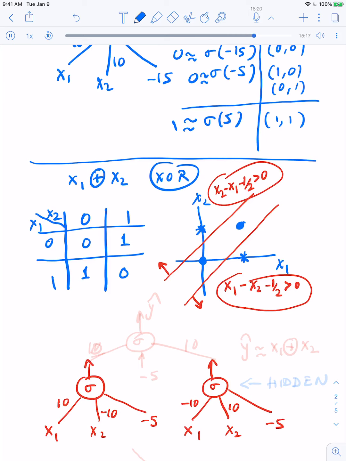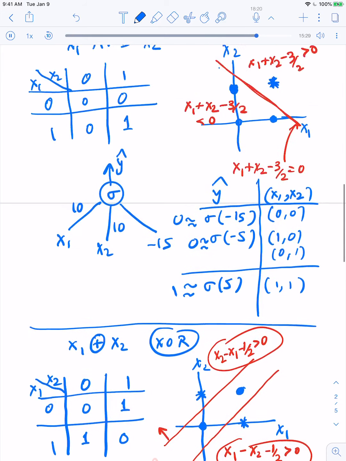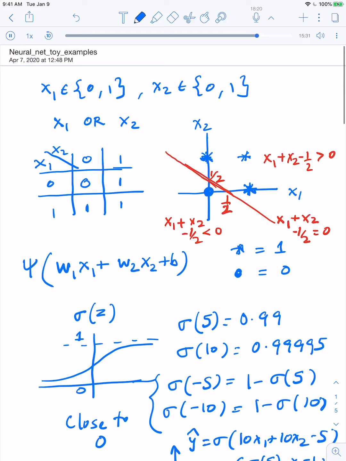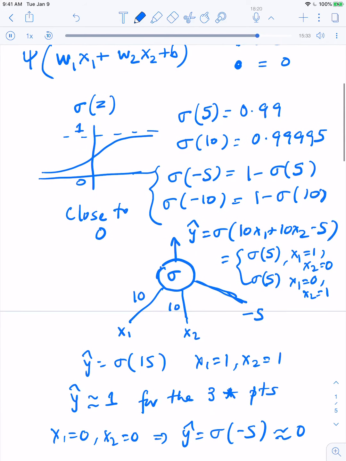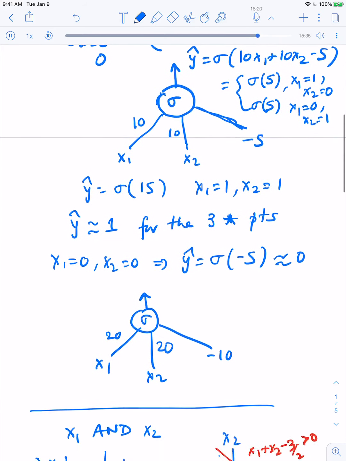And now I have to take basically an OR of these guys, and I know how to do that also. OR I have done before. What was OR? With a factor of 5, it looked like this: 10, 10, and minus 5.